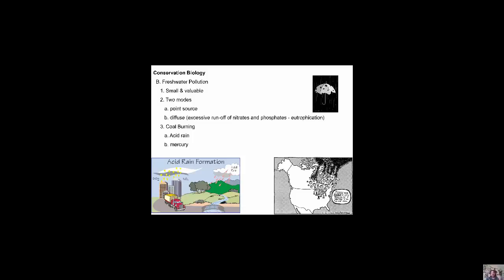Sulfuric acid is now up in the atmosphere. So sulfur oxide is released in the process of coal burning. It goes up into the atmosphere, combines with water vapor in the atmosphere, and creates sulfuric acid, so that when rain forms, it is a mixture of water and sulfuric acid.